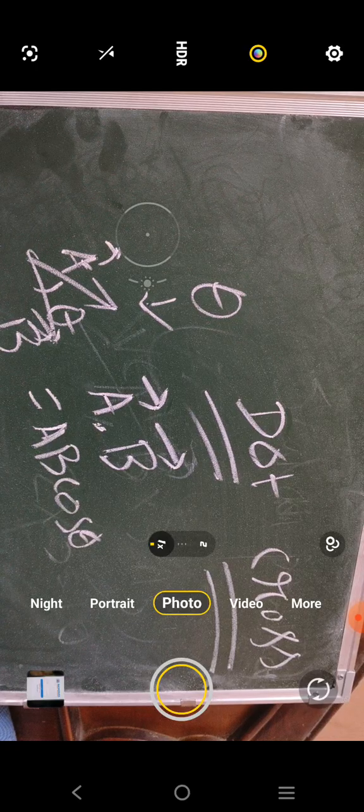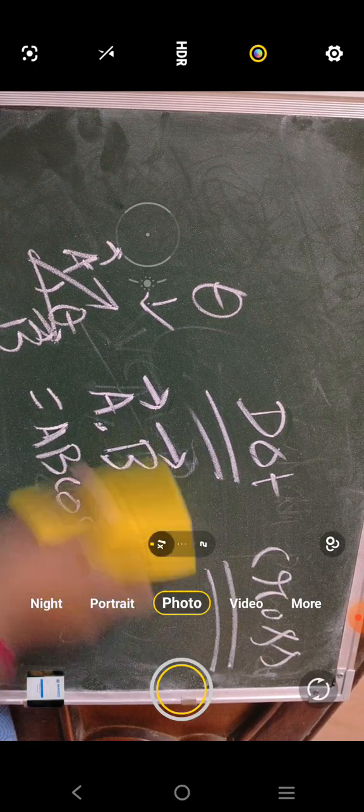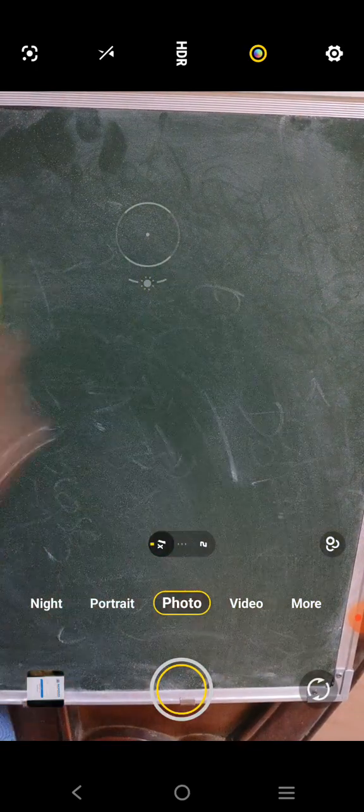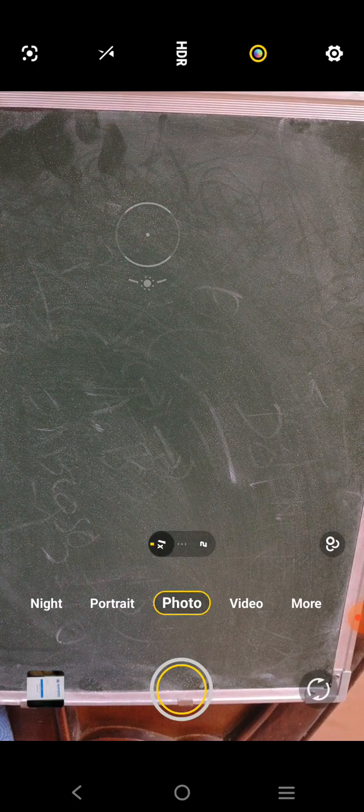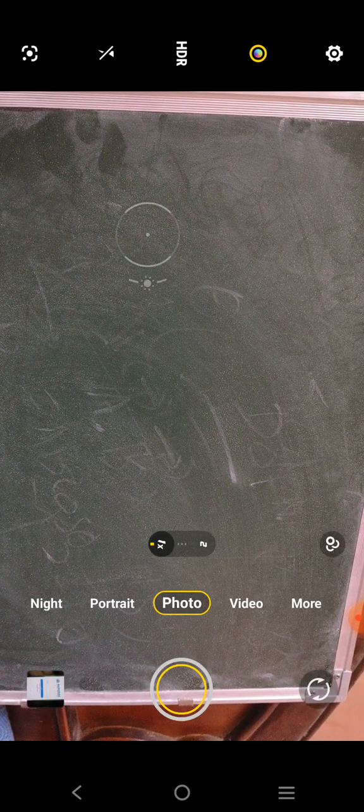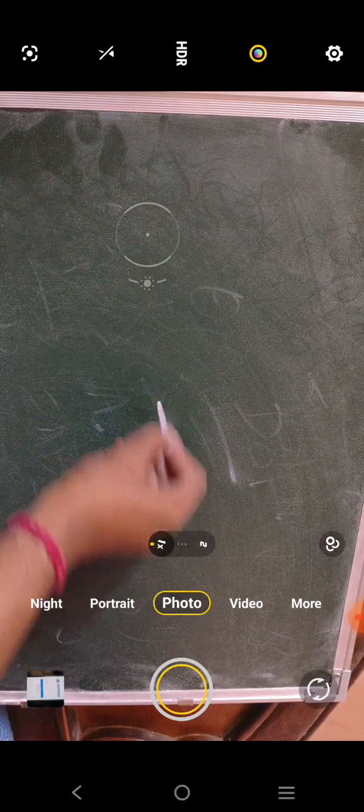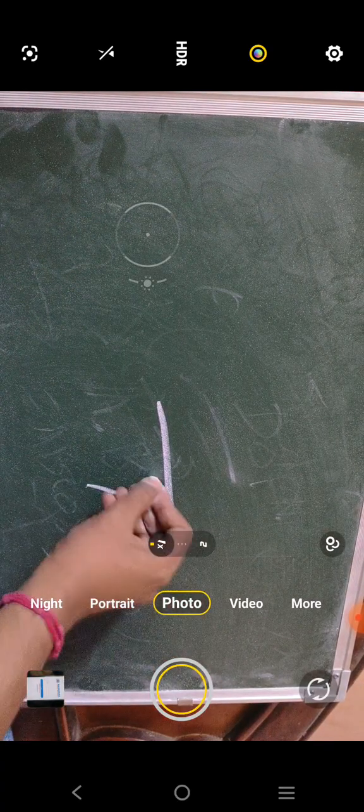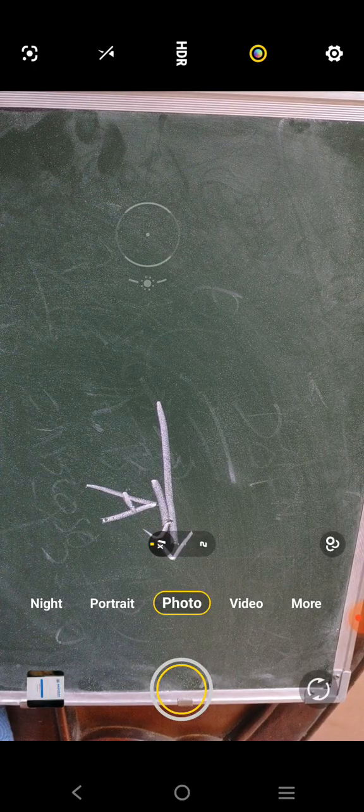Let me clear up what this dot product or scalar product is. Suppose I take one vector A. Let me draw it. A vector A I have drawn.